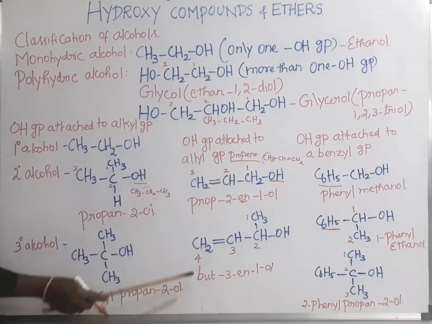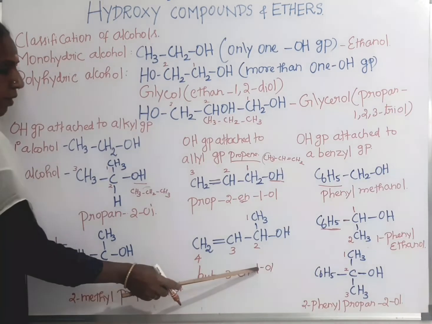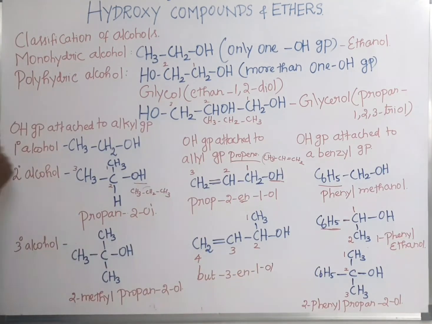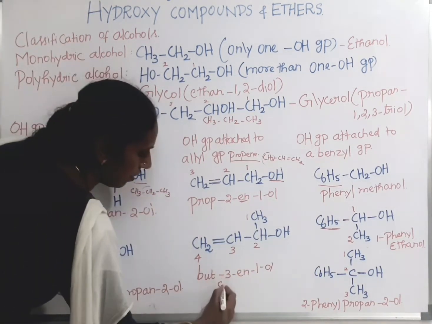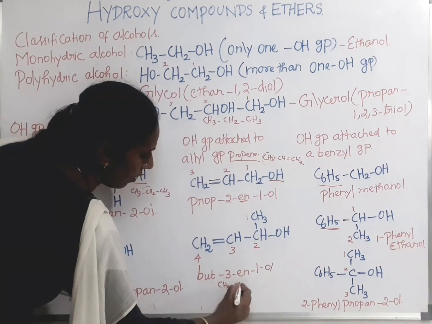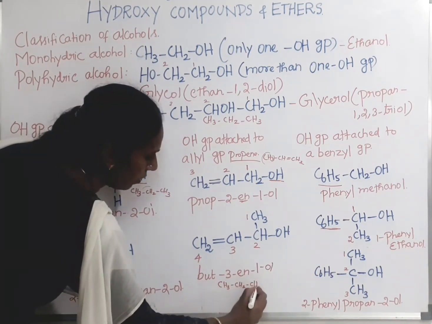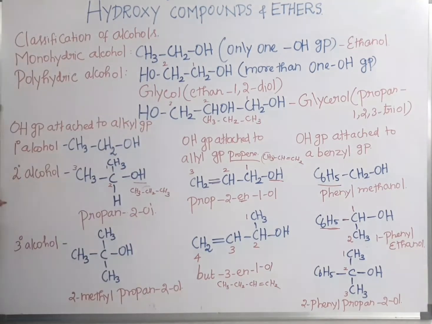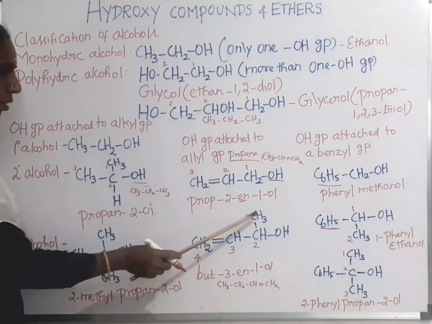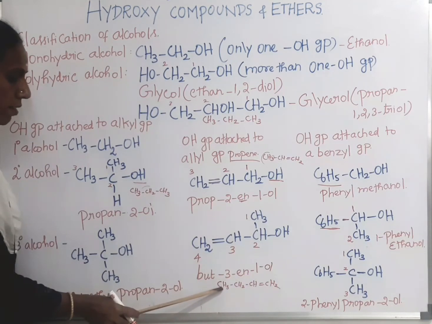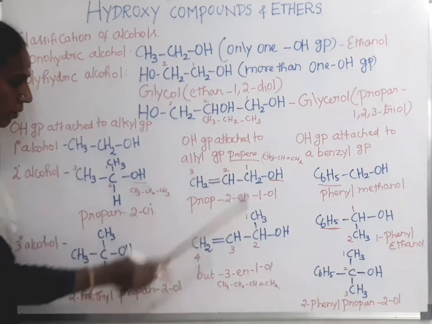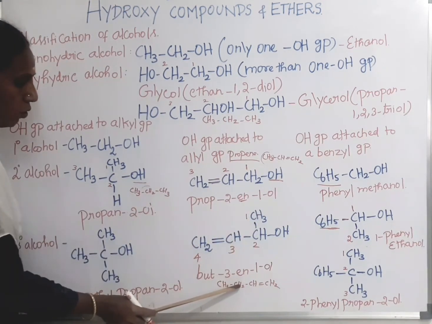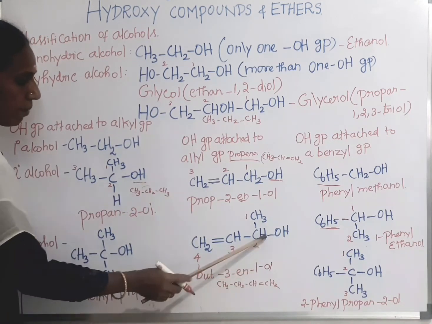Another example is but-3-en-1-ol. What is the formula for butene? CH3CH2CH=CH2. Here CH3 is the first carbon, and the next one is CH2, where one hydrogen is replaced by one hydroxy group.